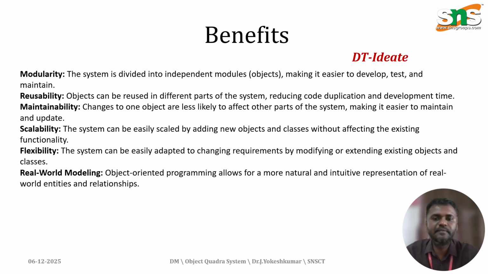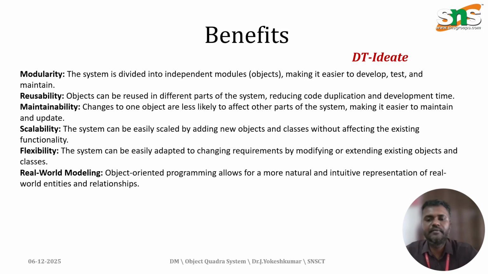And what are the benefits of the system? We have modularity, so we can easily develop and test any object with this system. Reusability, we can reuse in terms of avoiding code duplication, and different parts of the system can also be reused. Maintainability, it is easy to maintain the data since it is in the form of a soft copy.